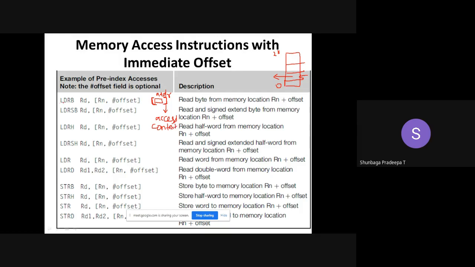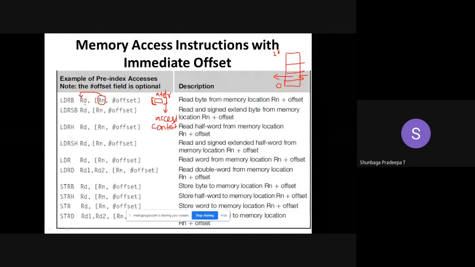If I write LDRB RD, square bracket RN, hash offset, it means the data stored in this memory address will be loaded into the RD register. If the offset is not given, it is assumed to be 0 by default. If you have some offset, RN will be added with that offset value, and the data at that memory location will be accessed and loaded into the destination register RD.